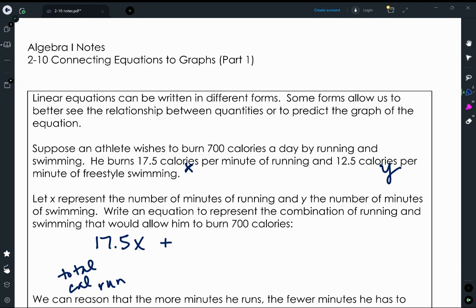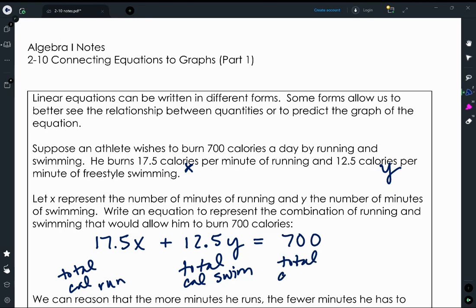And then 12.5Y would be our total calories from swimming. So we've got the 12.5 per minute times Y minutes, and then all together it's going to equal 700, our total calorie goal. All right.